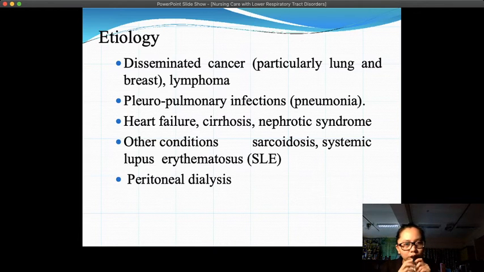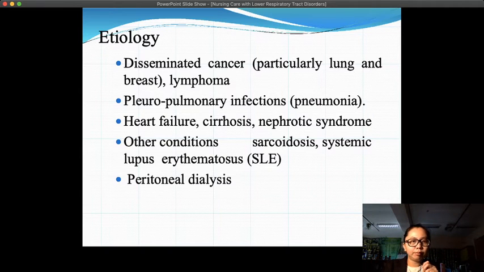So etiology: disseminated cancer, particularly lung and breast, lymphoma, and then pleuropulmonary infections or pneumonia, heart failure, cirrhosis, nephrotic syndrome, and other conditions like sarcoidosis, systemic lupus erythematosus or the SLE, and peritoneal dialysis. Dahil permeable ang capillaries, so it is easy for the fluid to pass through.